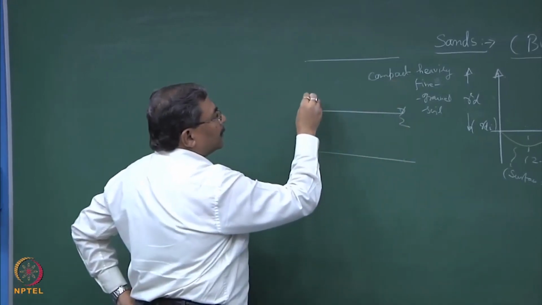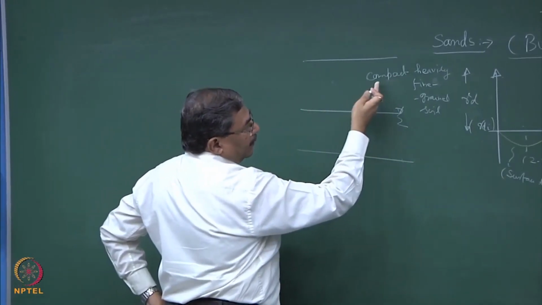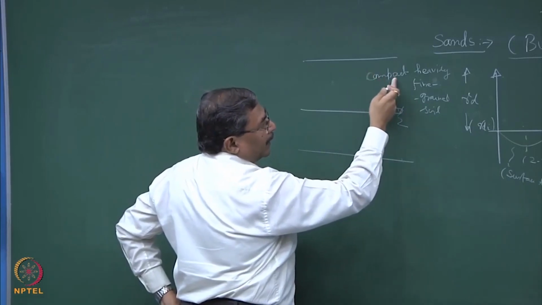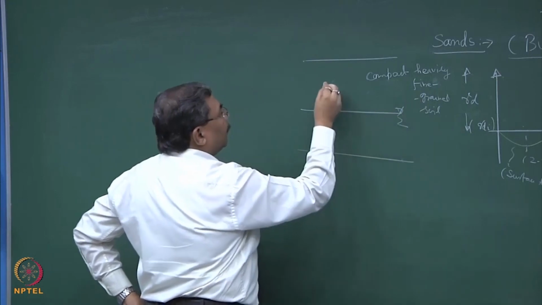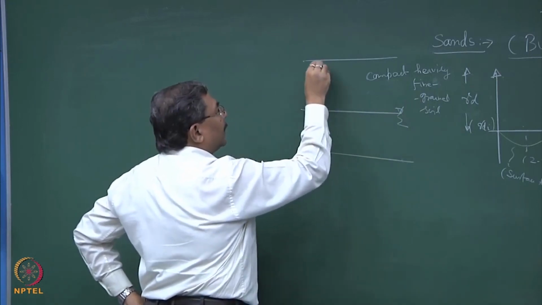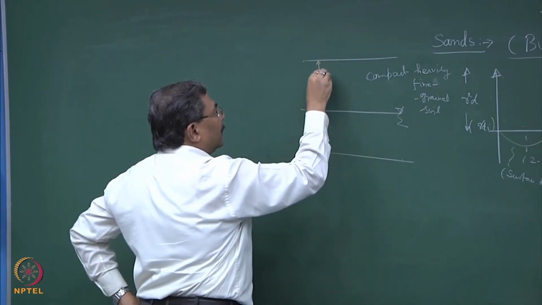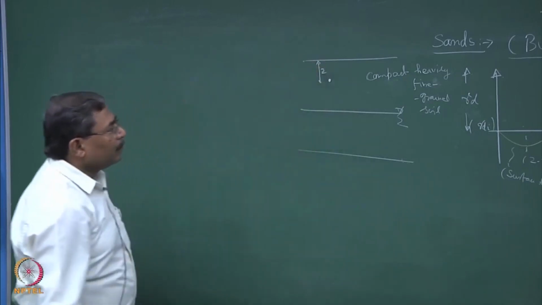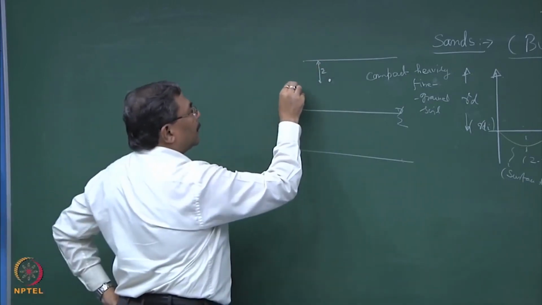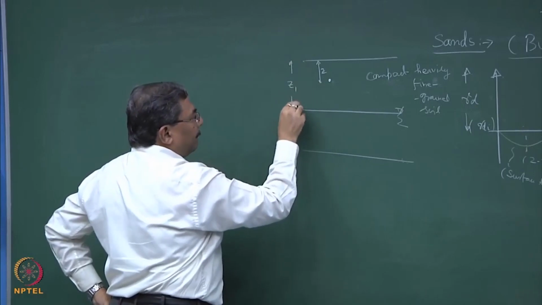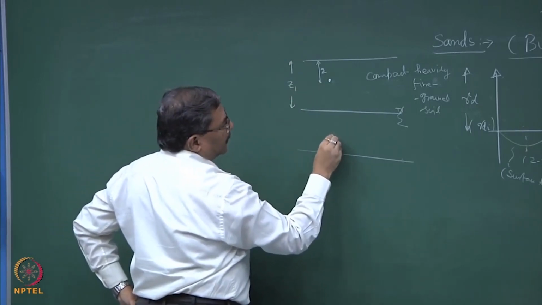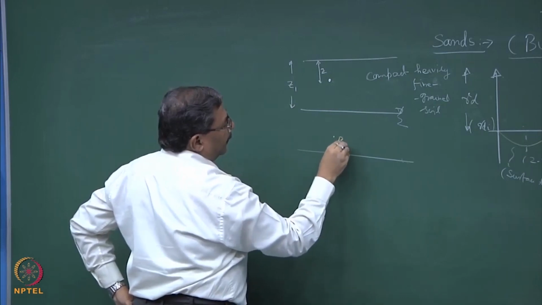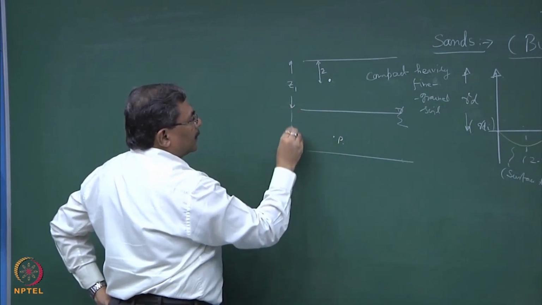So, first thing is, because of the capillarity associated with the compacted material which is of fine grained type, if I consider a point over here at a depth of, let us say, z, and the thickness of this layer is Z1, and if I consider a point over here, let us say point P, and this is Z2.